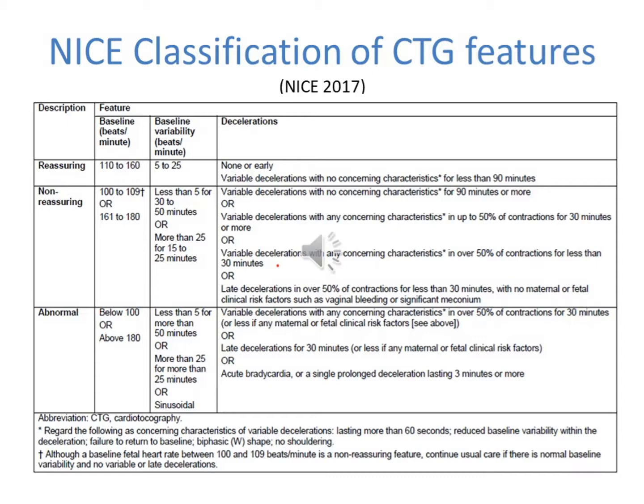The expectation is that staff will review this table when they are classifying CTG features during labour. You can use this table and the categorization table that follows when you're doing your assessment.